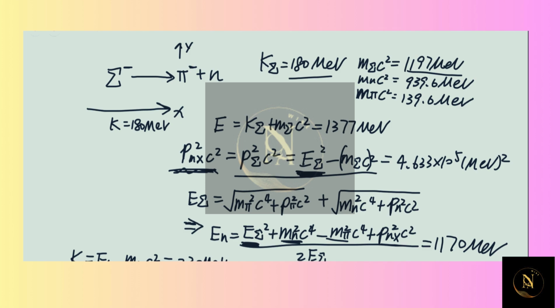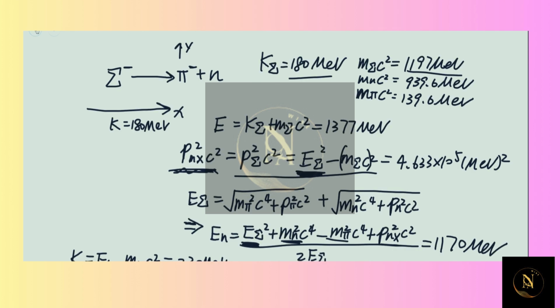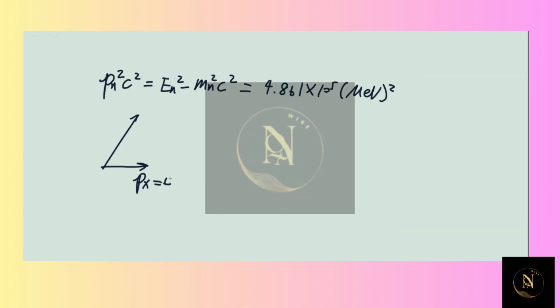So this is our x momentum that we found in the previous page, 4.633 times 10 to the 5th, and the total is 4.861 times 10 to the 5th.